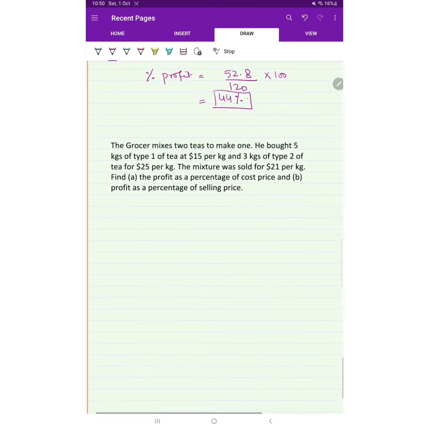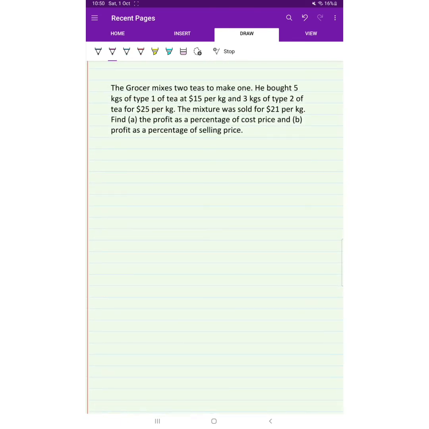Let's move further. Now this is the second type of question where it says that the grocer mixes 2 teas to make one. He bought 5 kgs of type 1 at 15 per kg. Let's write it down. So let's say kgs, type, cost.